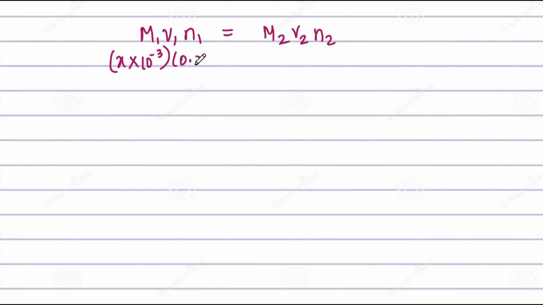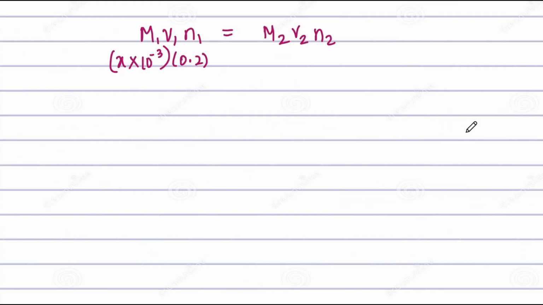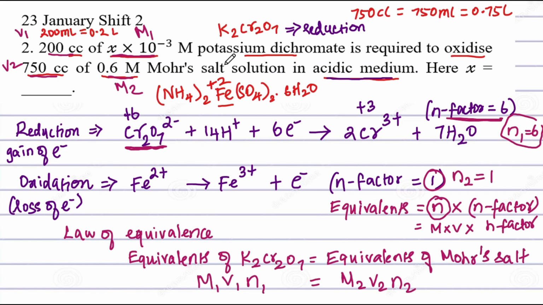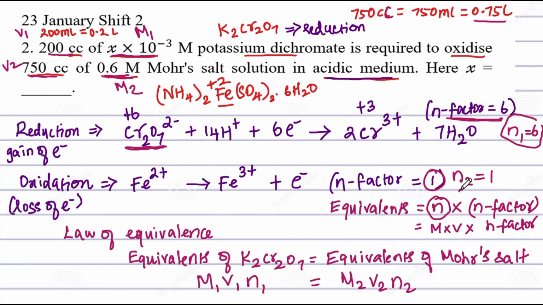So it is 0.2 into the N1 value we have written here, which is 6. This is equal to M2 value given as 0.6, and V2 is 750 cc, which is 0.75 liters. So it is 0.6, 0.75, and what is the value of N2? N2 value is 1, because in the oxidation reaction the number of electrons involved is 1.